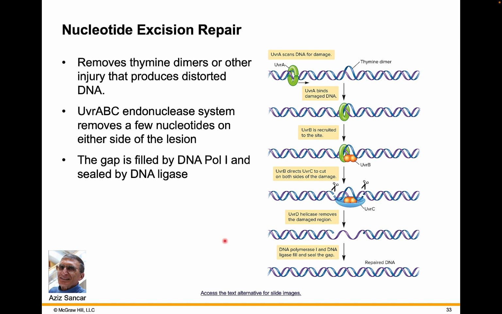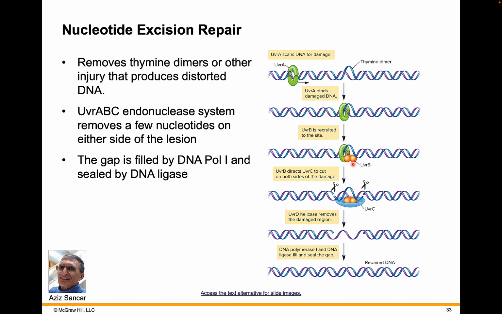It removes thymine dimers, and it involves a system called the UvrABC endonuclease system. So the UvrABC endonuclease system basically scans the DNA, and sometimes a thymine dimer can be found, and it will bind to that region because there is a distortion. It could be another distortion as well.